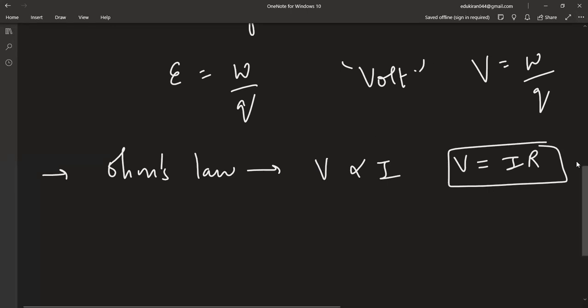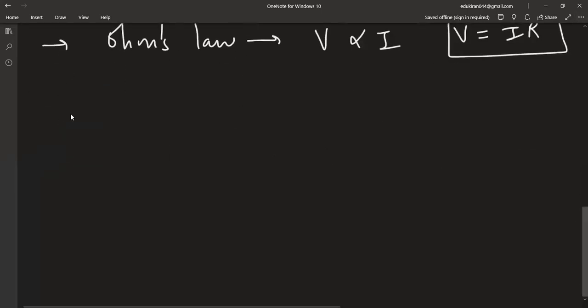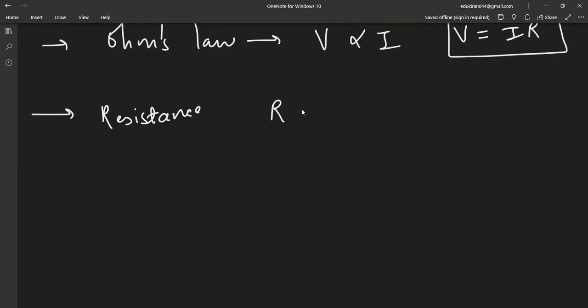Then the resistance is the opposition to the flow of the charges, right? The conductor is able to oppose the flow of charges. This quantity is known as resistance. So how do we write it? Resistance is actually the ratio of voltage and current, and its individual formula, because it depends upon length and it is inversely proportional to area.